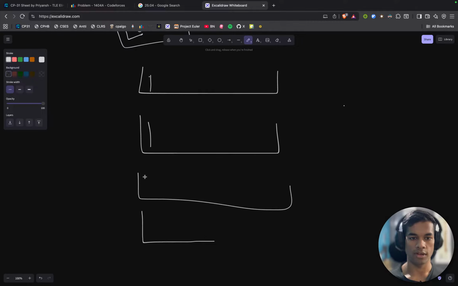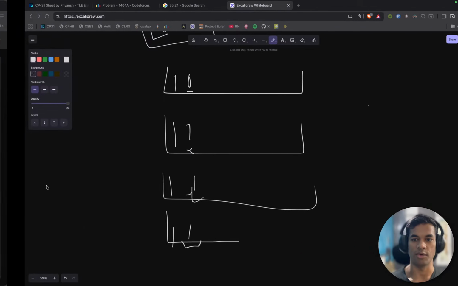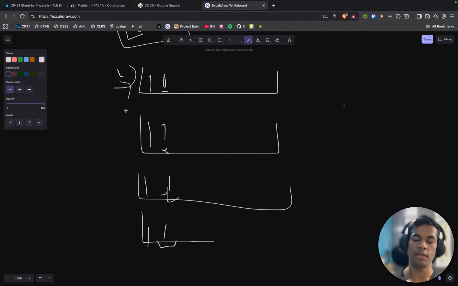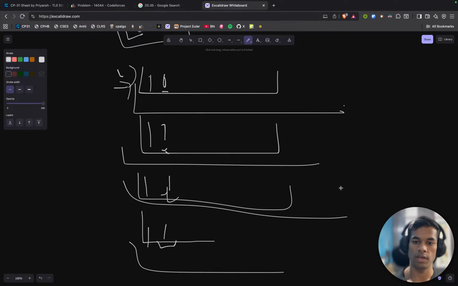And the first strings have to match. Either there is a match or there is a question mark. Yep, either a match or a question mark. Yes, this now seems very easy, thanks to this observation. This now seems pretty straightforward. The total length of this whole thing is going to be n.